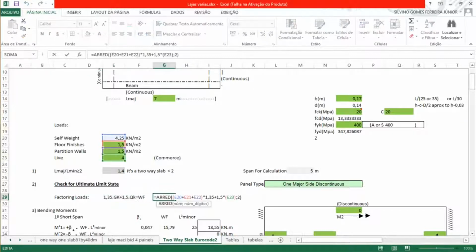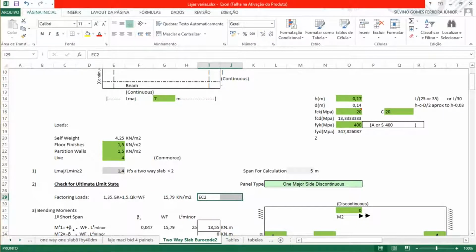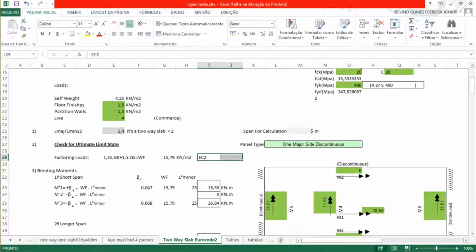So 1.35 multiplied by the self-weight plus the 1.5 of finishing plus 1.5 of the partition load that we are considering, all this plus the variable loads, which will be 1.5 multiplied by 4 that we are considering as live load. This is the factoring in the Eurocode.